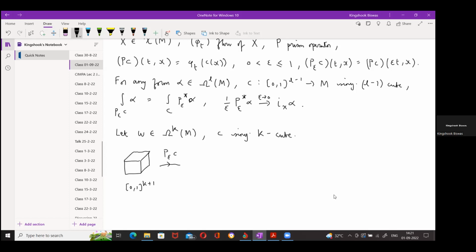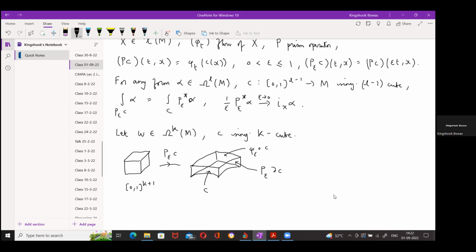Okay. So that will be some cube like this. So the bottom is C itself. The top is phi epsilon composed with C. And the vertical sides, this is P epsilon of boundary C, right?